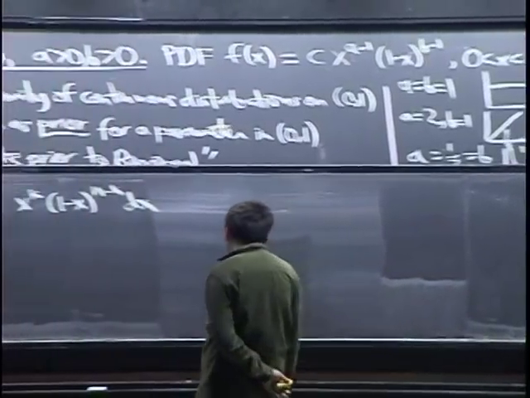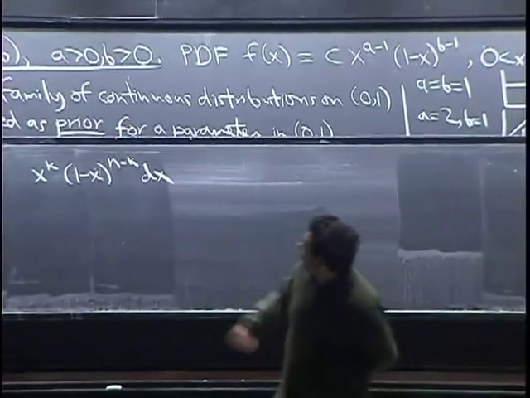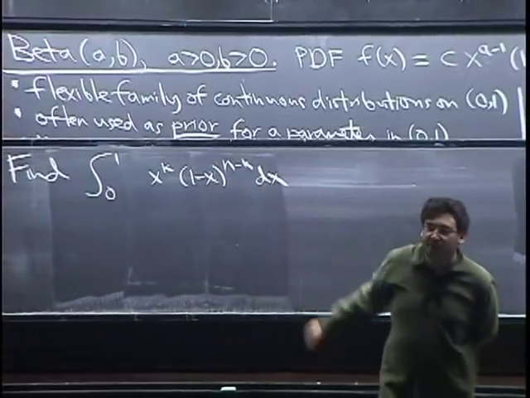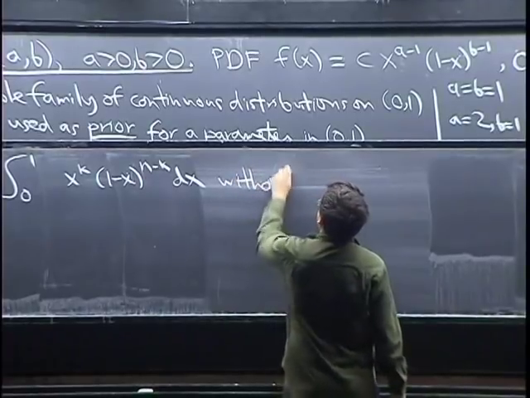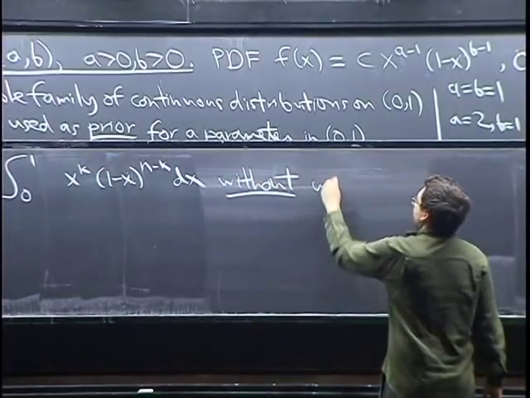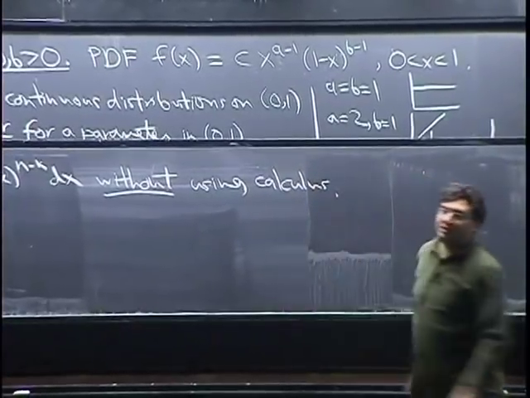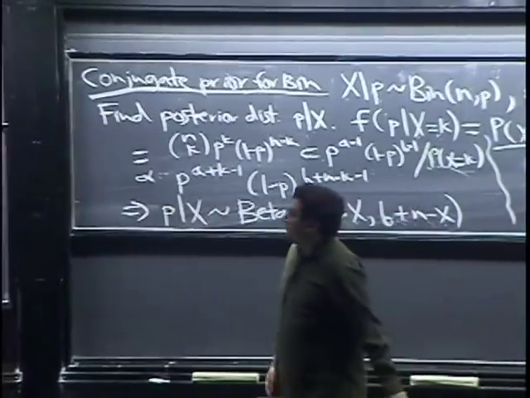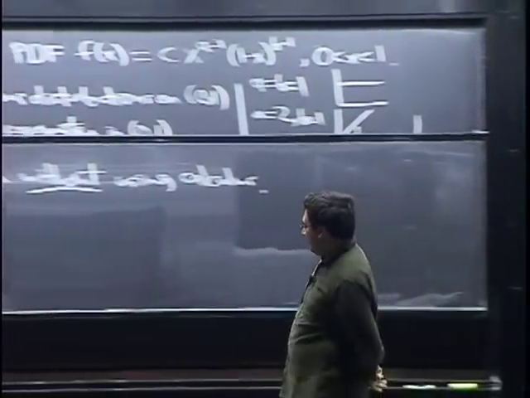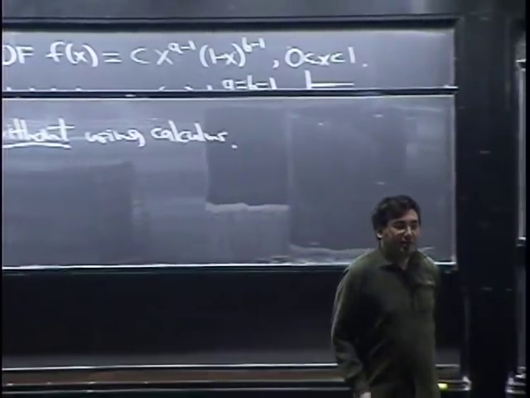So let me phrase this question a different way. Find the integral of x to the k, 1 minus x to the n minus k, without using calculus. My favorite calculus problems are the ones where you don't have to use calculus. That sounds impossible.